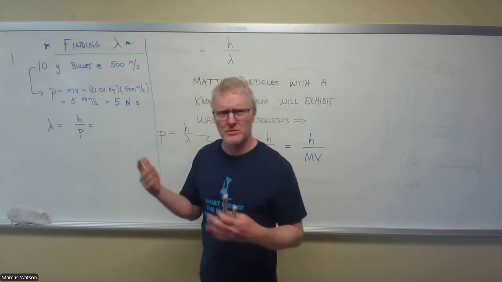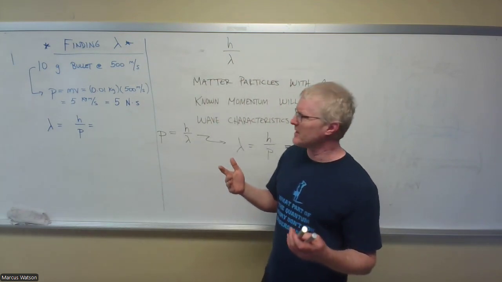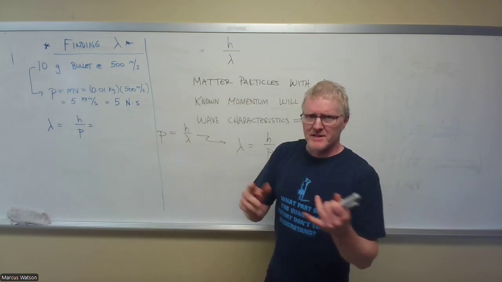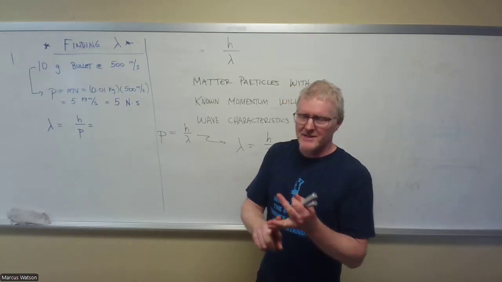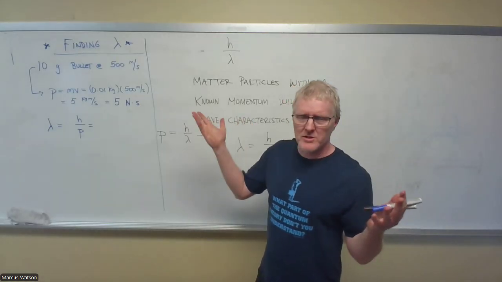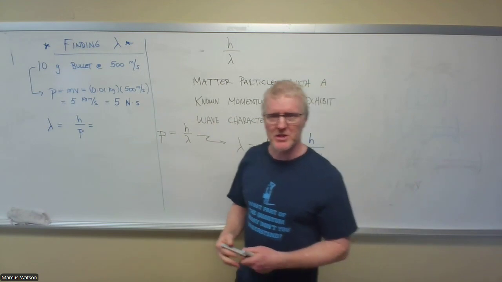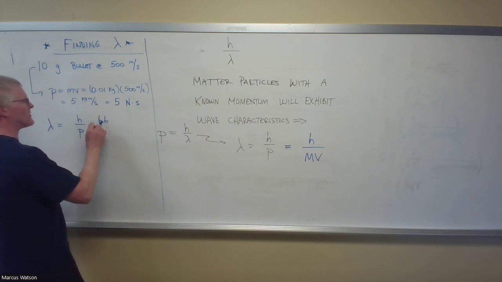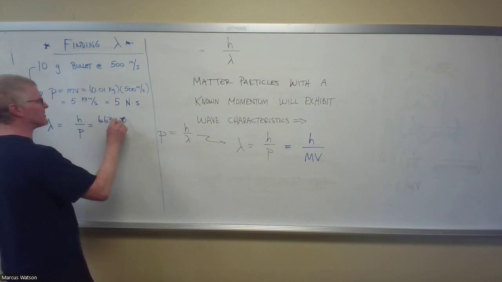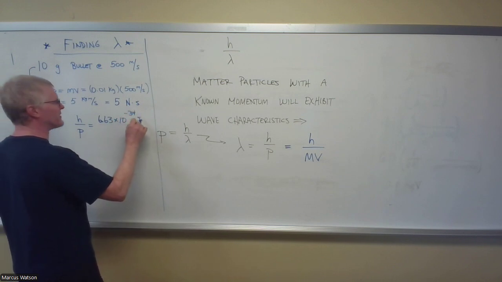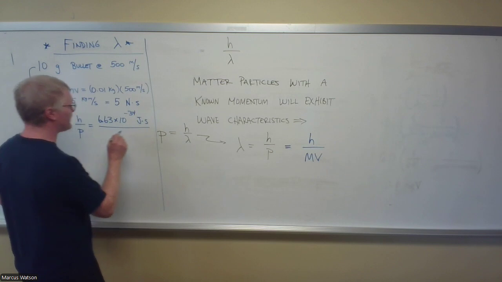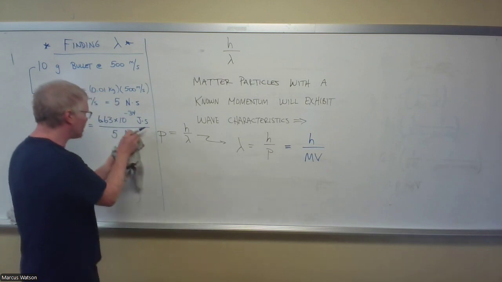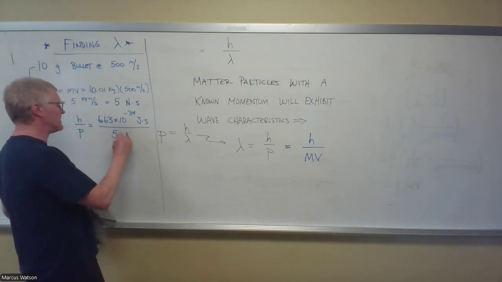I'm thinking, I have a bullet traveling fast, but this is a fairly slow, relatively large object. What do I mean by large? It's only 10 grams, but compared to an atom, it's huge. So I have to use h in regular units of joules: 10 to the minus 34 joule seconds, and I'm going to divide that by 5 Newton seconds.